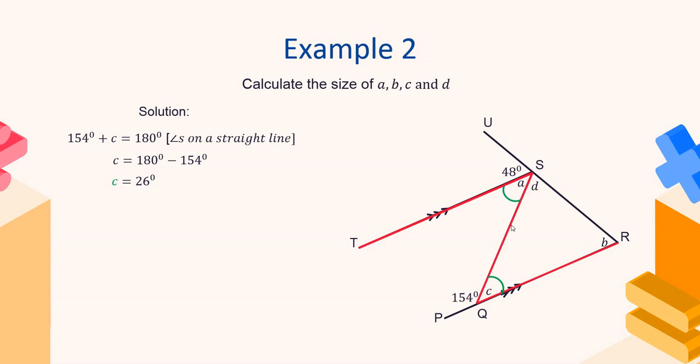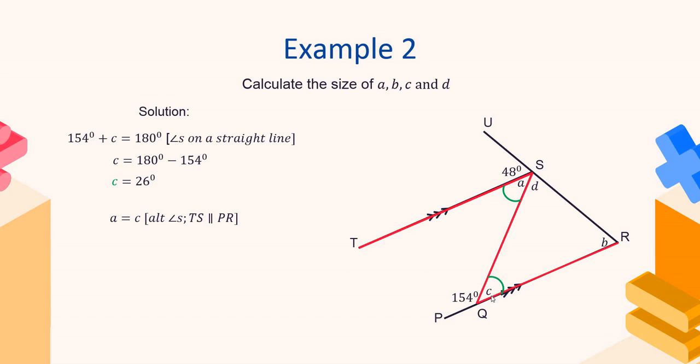It means that A is equal to C. So we put that down. Our reason for A equals C is alternate angles. This is a shorthand for it. Always check with your teacher how they prefer the reason to be written, but this should be okay. Alternate angles, and how do we know this? TS is parallel to PR.